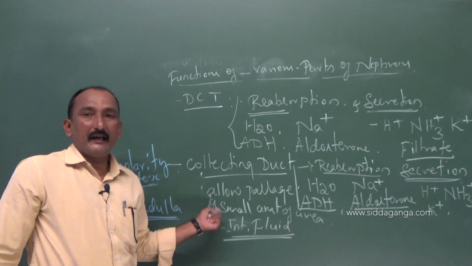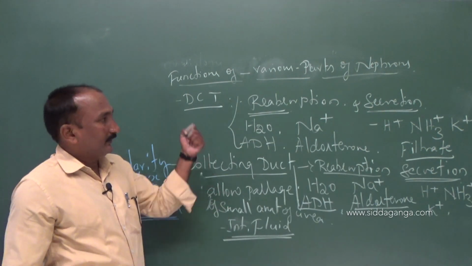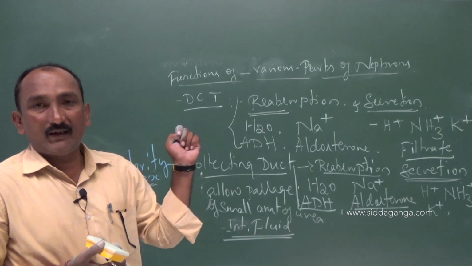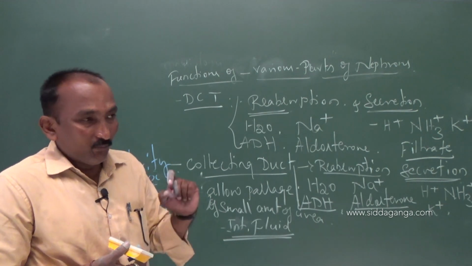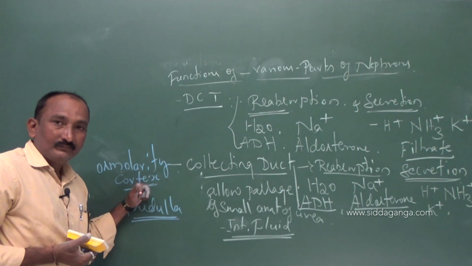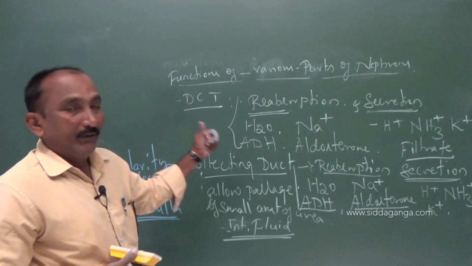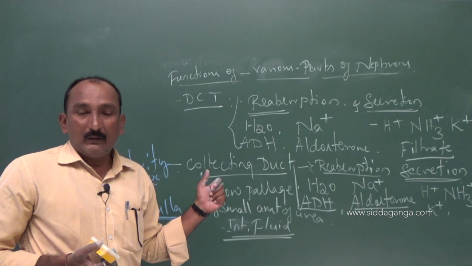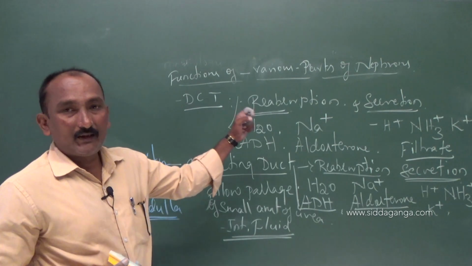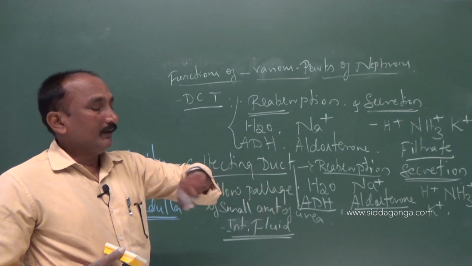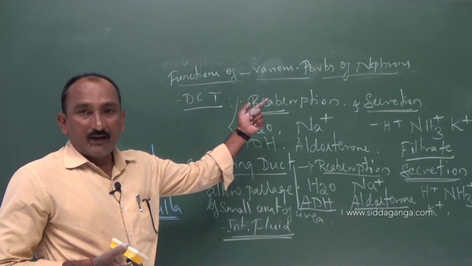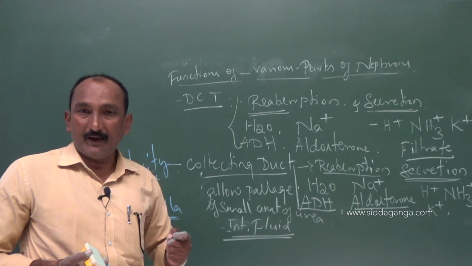This can be studied in detail as a separate concept called the counter current mechanism, involved in the formation of concentrated urine. Concentrated filtrate will be formed only through the counter current mechanism. Okay, next session we will discuss the concept of the counter current mechanism. Thank you.